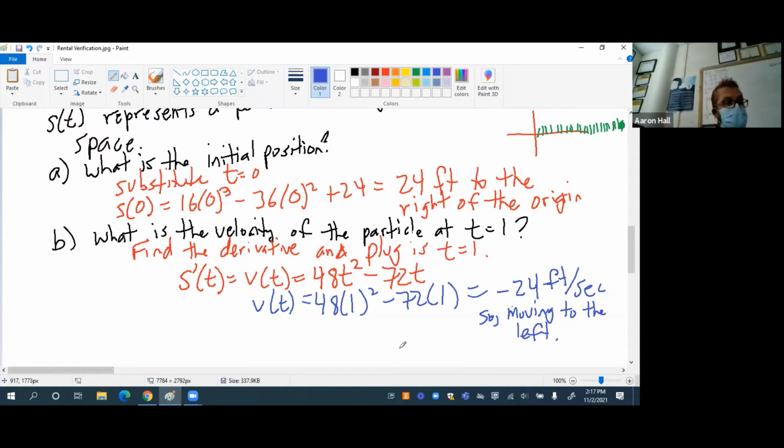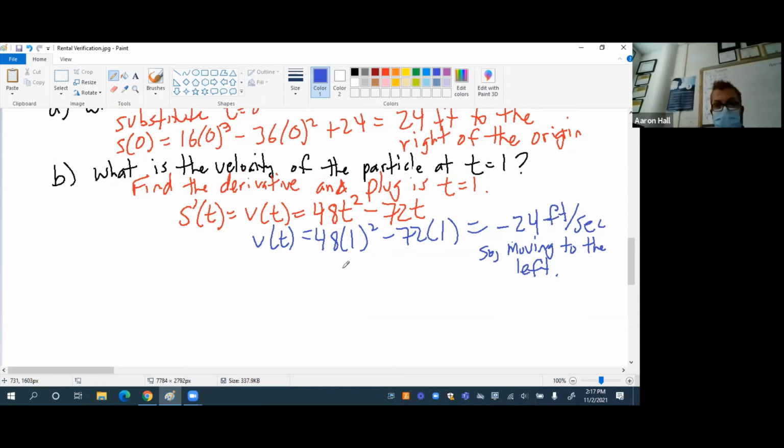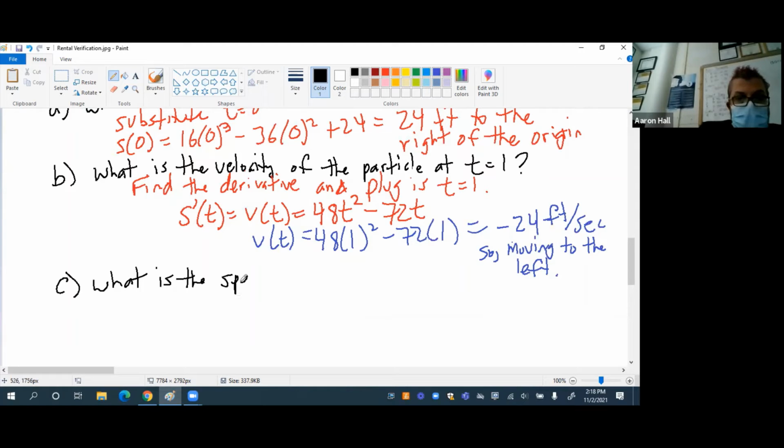Yep. What is the speed at t equals 1? It'll still be 24 feet per second, but positive.